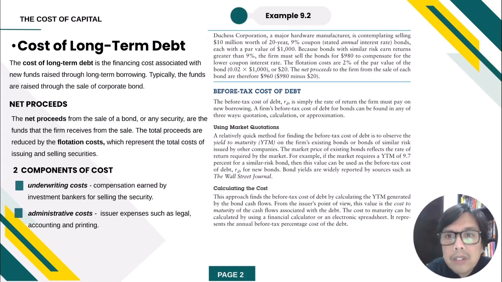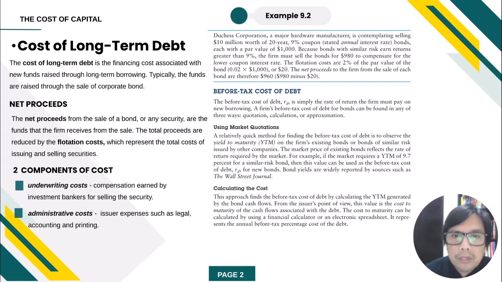Because bonds with similar risks earn returns greater than 9%, the firm must sell the bonds for $980 to compensate for the lower coupon interest rate. The flotation costs are 2% of the par value of the bond, or $20. The net proceeds to the firm from the sale of each bond are therefore $960.